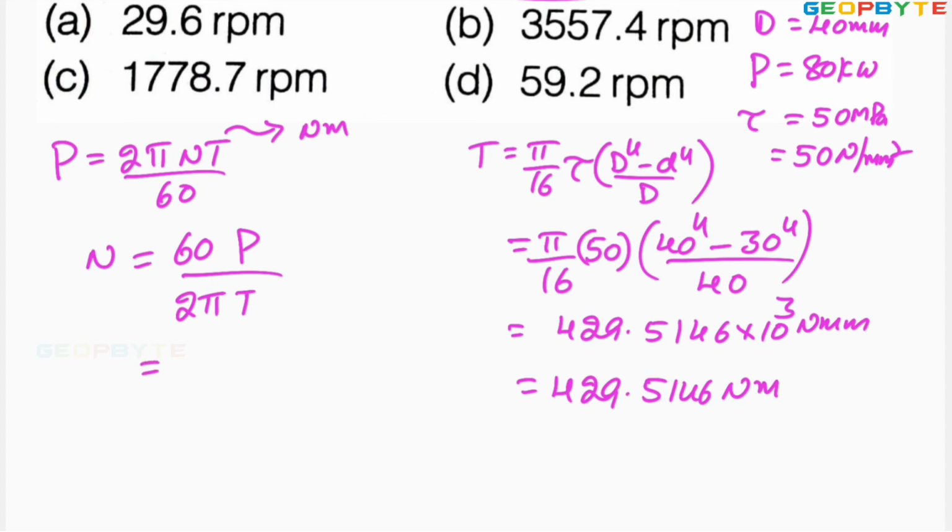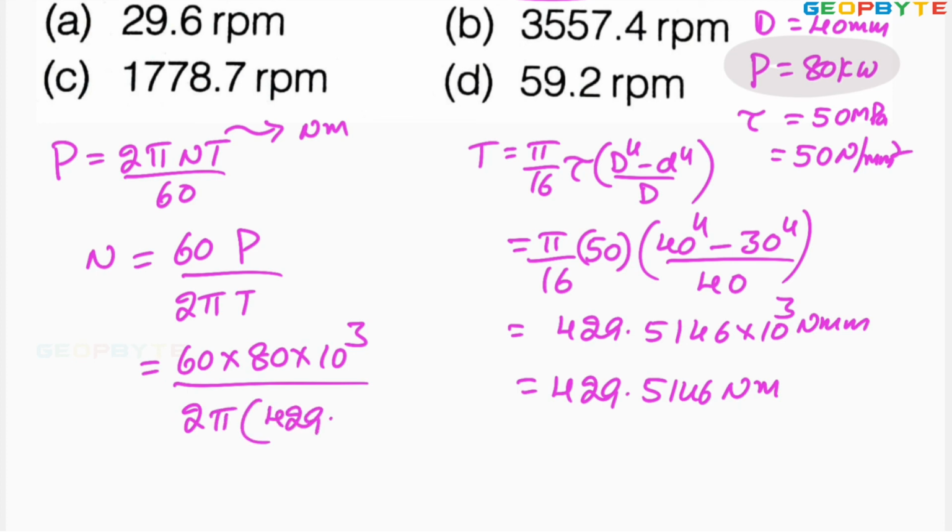Therefore, speed n equal to 60 into, look at the power. Power is given in kilowatt, but it must be in watt. So 80 into 10 raised to 3 divided by 2 into pi into 429.5146.